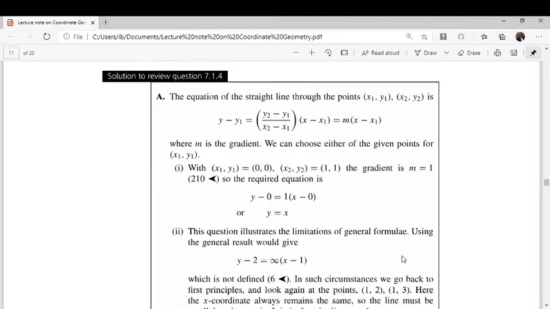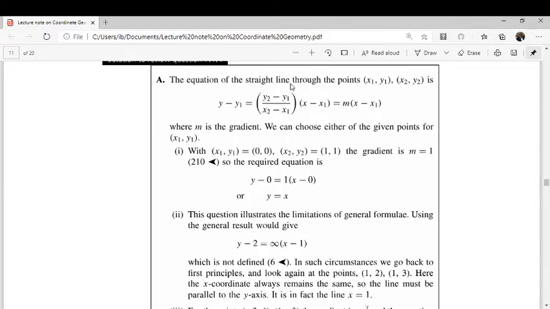Now let me explain the equation of a line passing through 2 points. You see this one is passing through 2 points. This one will give you, this is the way we get this. Is this equal to this? This equal to this? Or this equal to this?